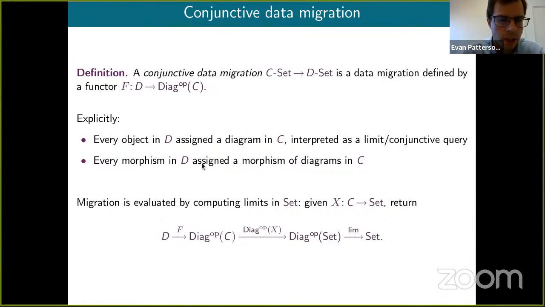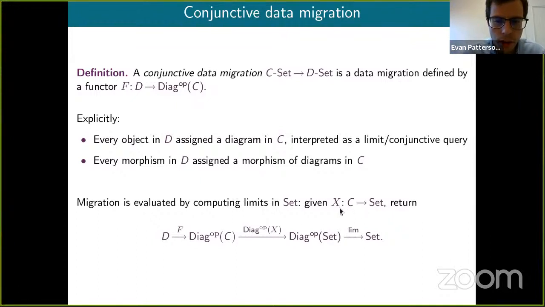And every morphism in D is assigned a morphism of diagrams in C in a compatible way. And then based on the ingredients that I've introduced, it's quite simple to describe how one actually evaluates one of these queries.